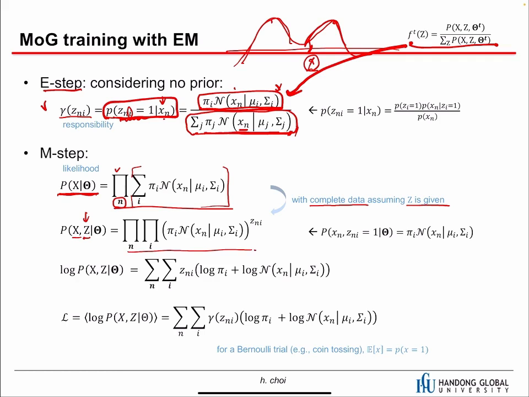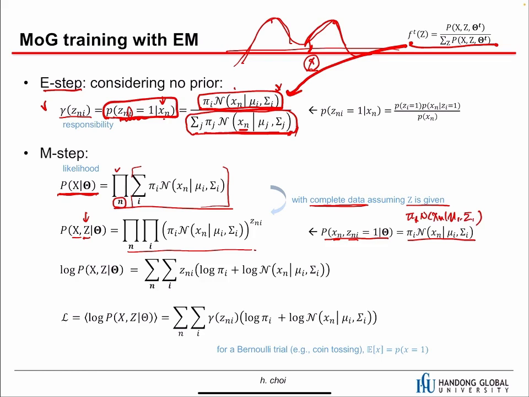By this complete data we have x and z, which means if we have x and we have z, then we know where it is. If it belongs to the ith cluster, then the probability of this one is this one. That's simple. It means if x_n belongs to the first cluster, then pi 1, mu 1, sigma 1.